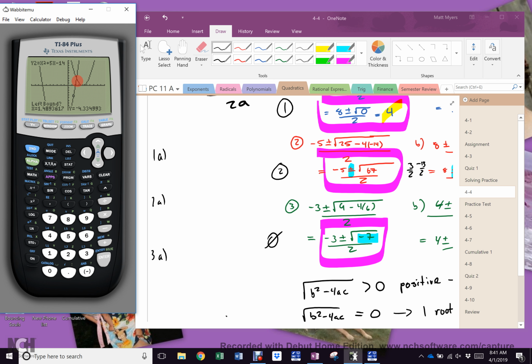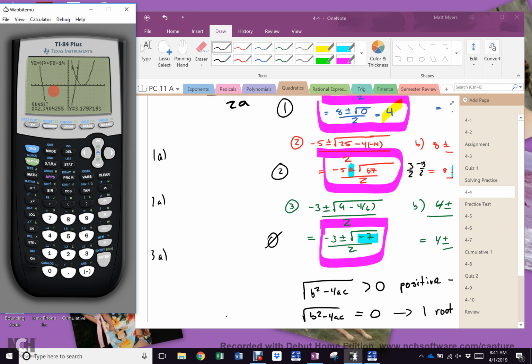So can I push enter? Okay. Now, I'm dealing with this 0 right here, so I got to get to the right of it. Am I to the right of it now? And I know that because I've switched to positive y's. Enter. Now, when I push guess, this is the larger of the 2 zeros, isn't it?